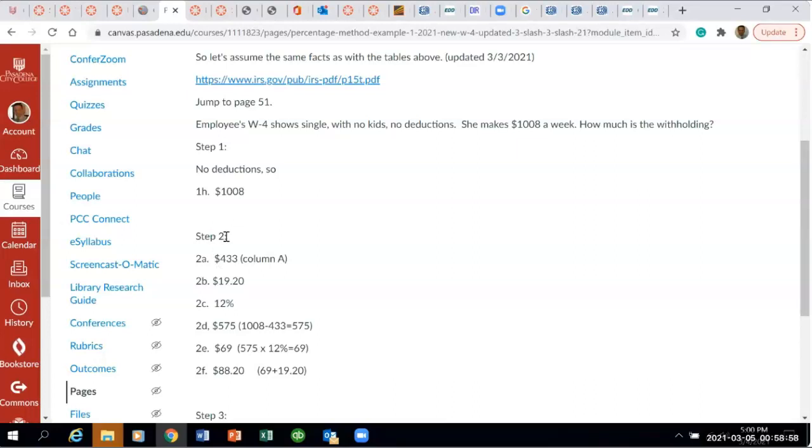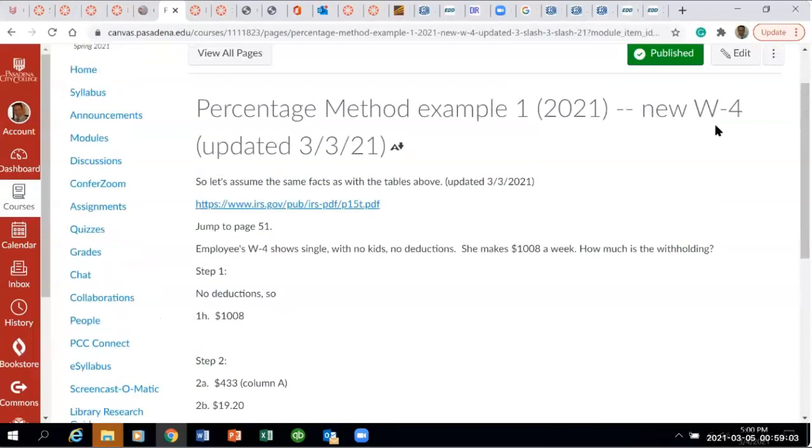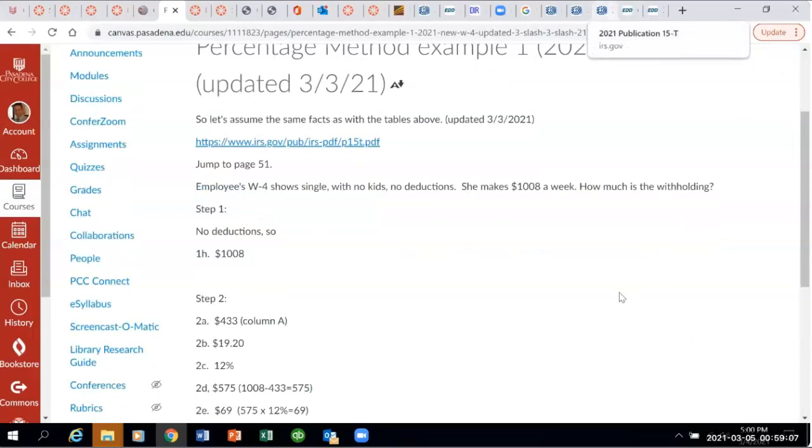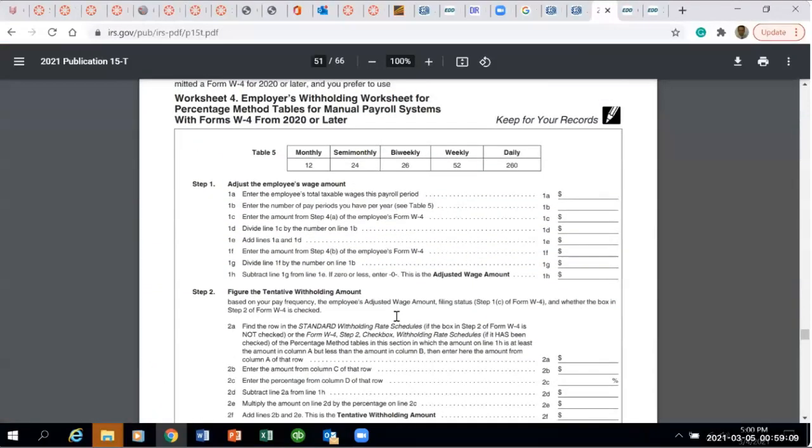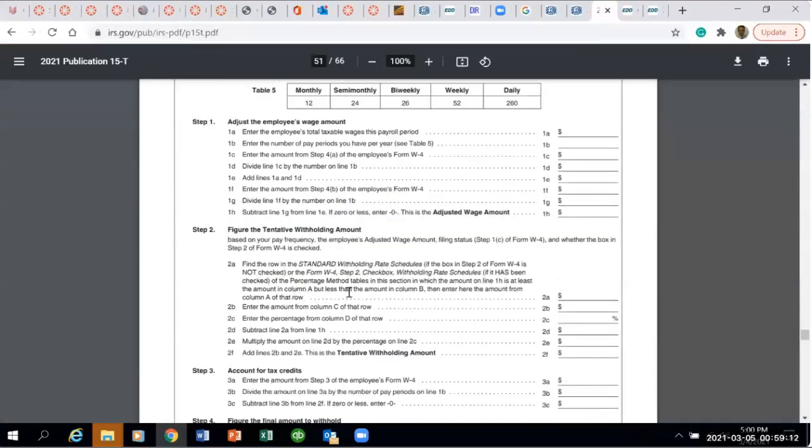In step two, now we have to calculate again. And this is the new W4. Okay, so just remember this is a new W4, and we are going to step two. Step two says, okay, go get your whatever we have to withhold from the withholding rate schedule.